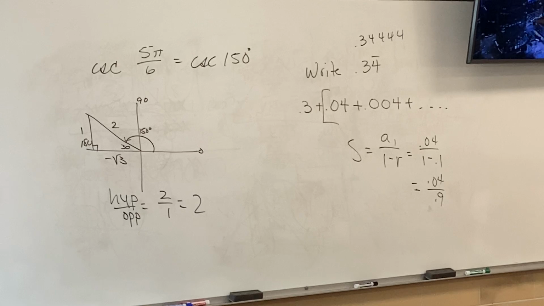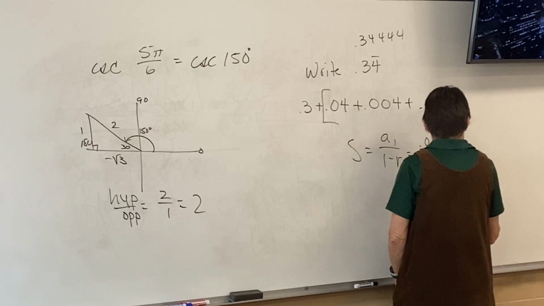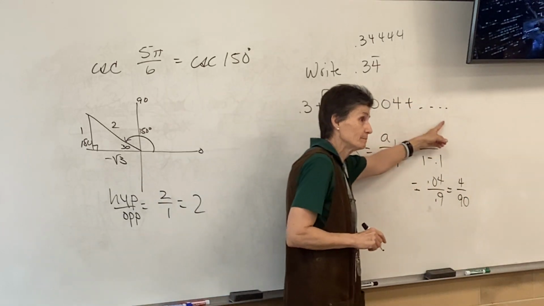But it's got decimals in it, and it's not allowed to have decimal points in it. So we're gonna get rid of those decimal points by moving them a couple of places, and that's gonna end up as what? 4/90? Now hang on to that for a second. That's this part.